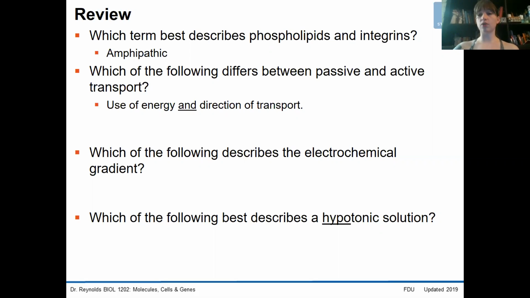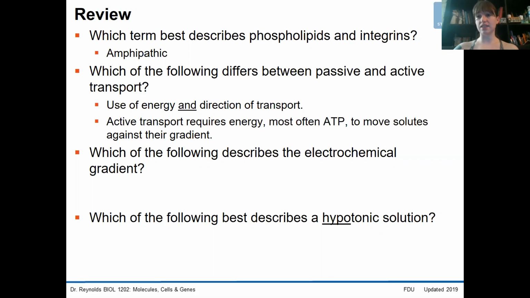Active transport goes against the gradient, while passive transport goes down the concentration gradient. And so, an extension of this is to recognize that active transport requires energy be put into the system, most often ATP, in order to move solutes against their gradient, where passive does not, because it's moving in the direction that they would naturally move.